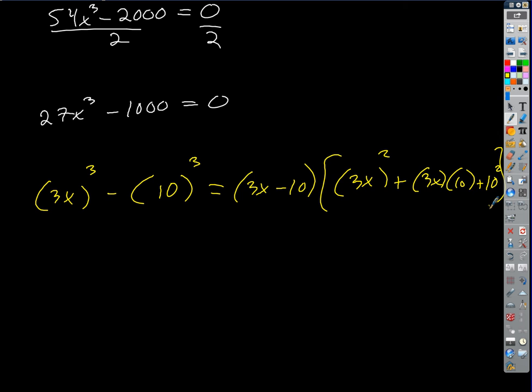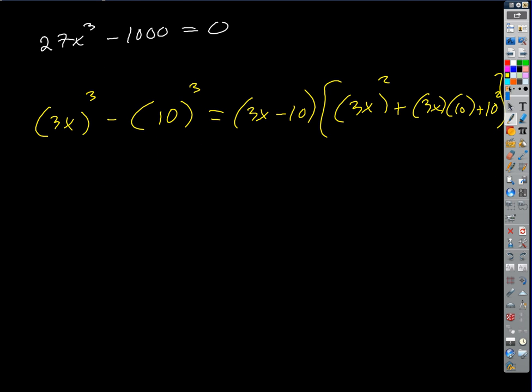And if we want to simplify that, this one's done, 3x minus 10. What's 3x quantity squared? 9x squared, properties of exponents. I would just distribute the 2 to both factors. I'd get 9x squared plus 30x plus 100.